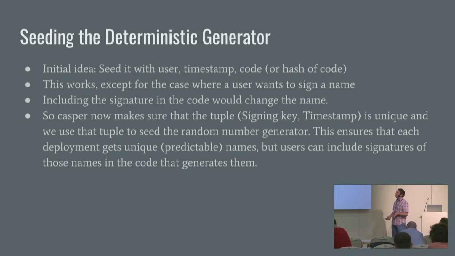Instead, we just use the tuple signing key and timestamp, and that's a simplification. Basically, all of the parts of a deploy that do not depend upon the code are used to seed the random number generator. And the user has control over those because they're going to send it to the server. So they can arrange for the signed names to be in the code that they send to the server.